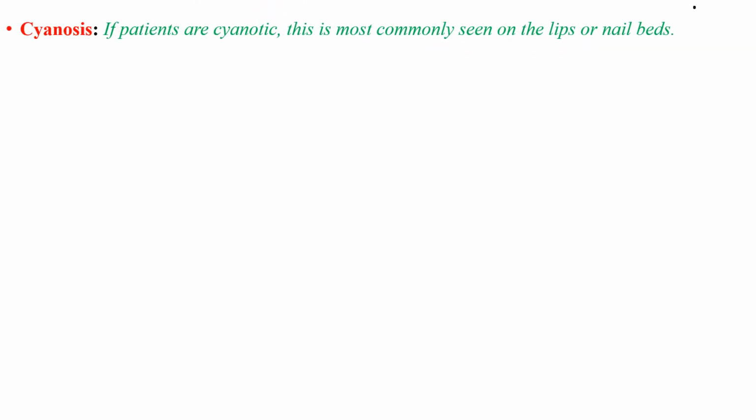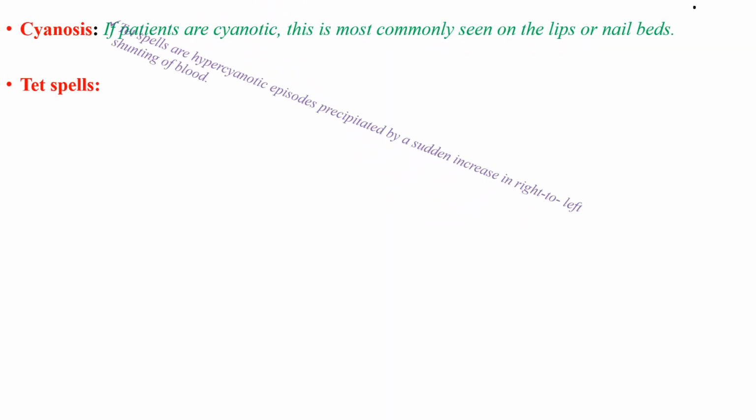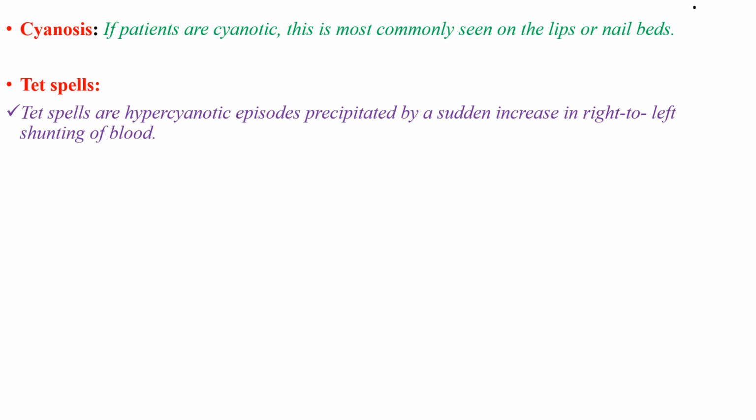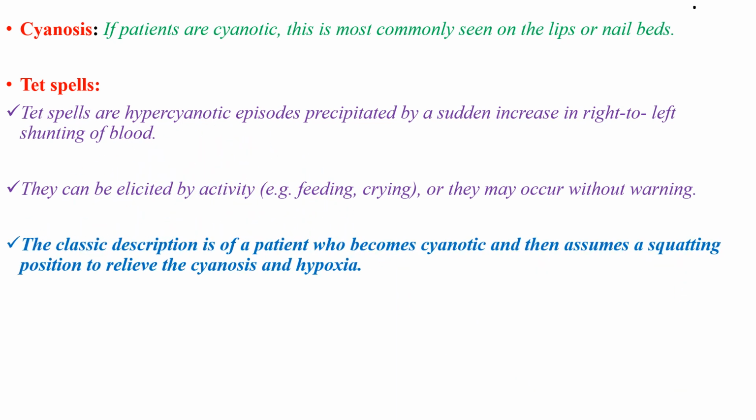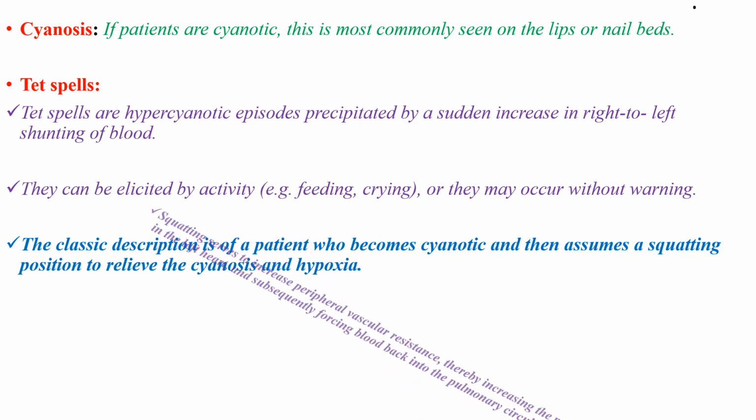The other physical finding is cyanosis, and the other is Tet spell. Tet spells are hypercyanotic episodes precipitated by a sudden increase in right to left shunting of blood. They can be elicited by activity such as feeding or crying, or they might occur without warning. The classic description is of a patient who becomes cyanotic and then assumes a squatting position to relieve the cyanosis and the hypoxia.